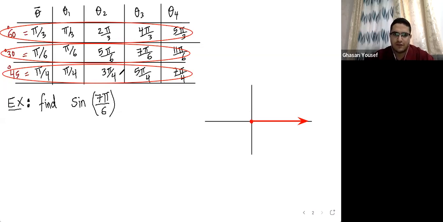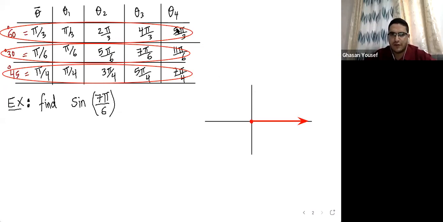Now, 7 pi over 6, if you would like to know in which quadrant, you have to ask yourself.